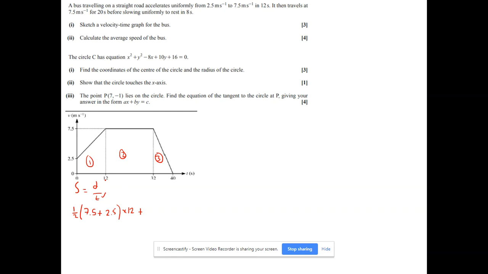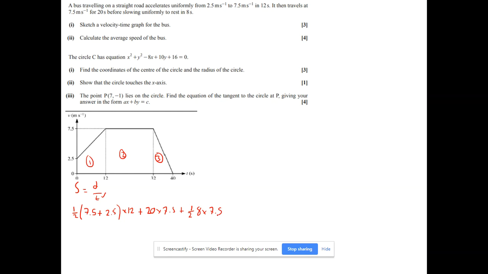The area of 2 is just a rectangle, so it is 32 take away 12, which is 20 times by 7.5. And finally we're going to have to add on our half of 8 times 7.5. So we'll just have to put that in our calculator.